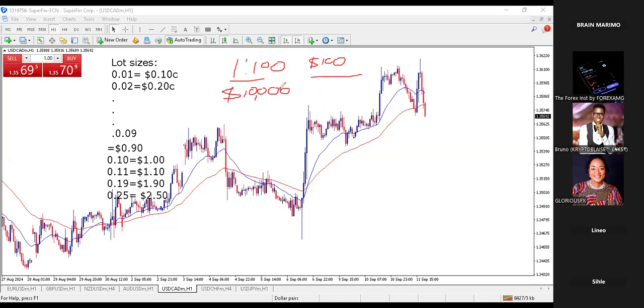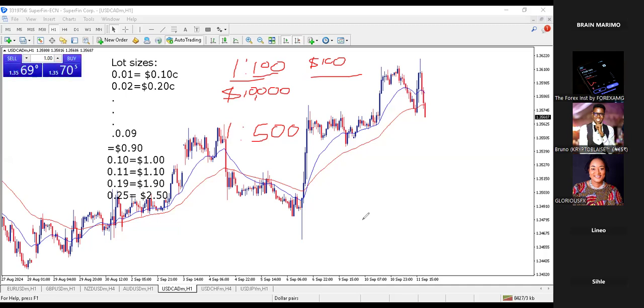Already this is quite substantial, but over the years I've seen it go to 200, 300, and then 500. It stayed at 500 for a while, 1 to 500, and this was big, right? Because 500 times 100, you get the point. You can open a position with $50,000 with just $100.